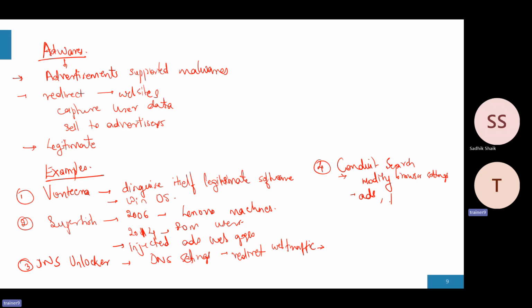The search results were also being impacted to show certain specific results, which were again part of the ads. These came along with some of your installed applications, bundled together with software installations, and it was challenging to completely uninstall it. So that was another adware.